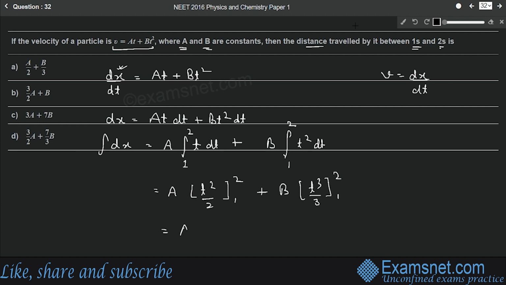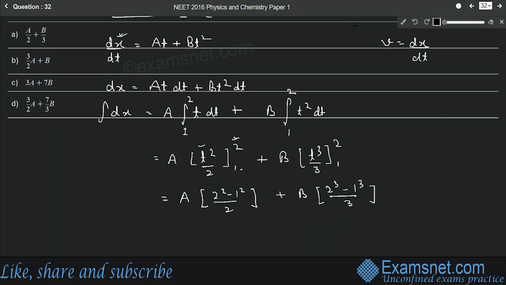You know integration. First we'll put the value of t as 2, then minus the value of t as 1. Okay, so here we'll get 2 square minus 1 square upon 2, and this side 2 cube minus 1 cube upon 3. Okay, so this is how we integrate.